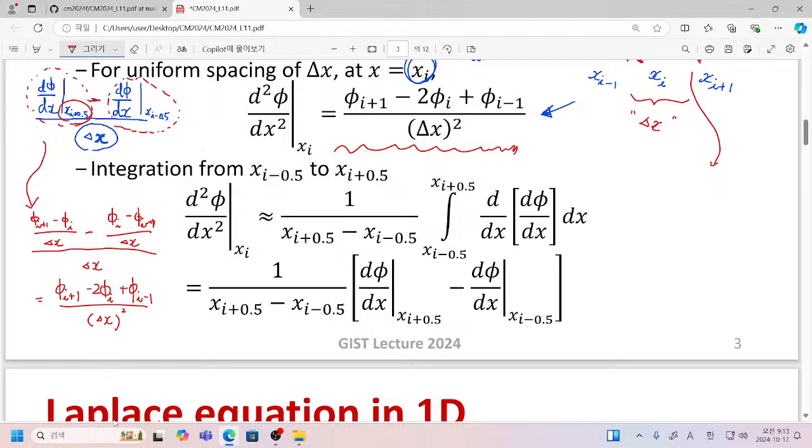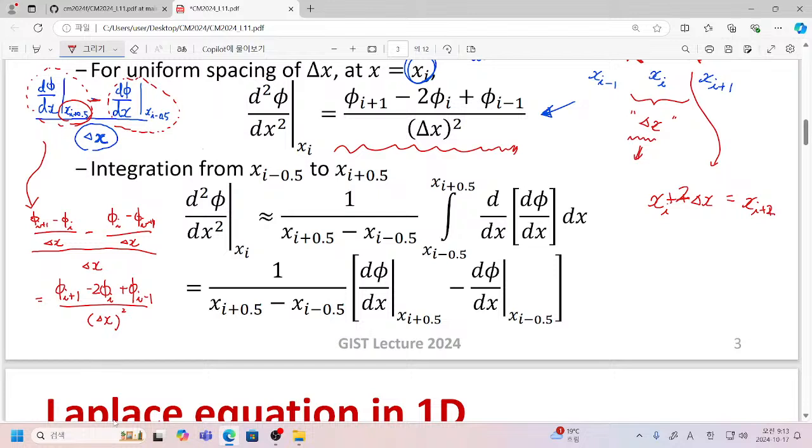Up to now, I have assumed that every pair of neighboring points is separated by just delta x. If we have x sub i, and if we add delta x once, then that will become x_{i+1}. If we have twice delta x, then we will have x_{i+2}.